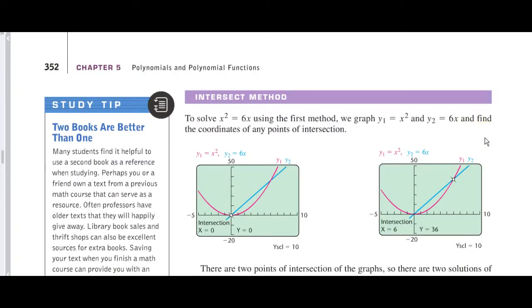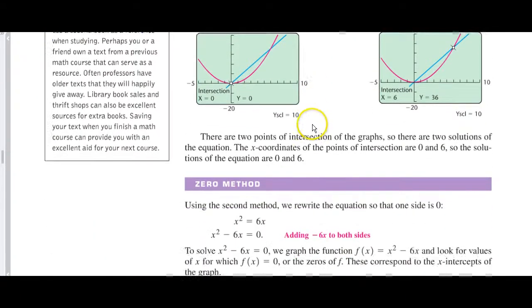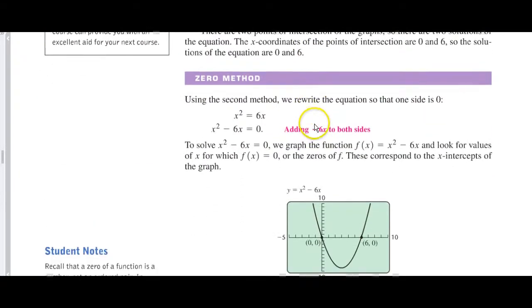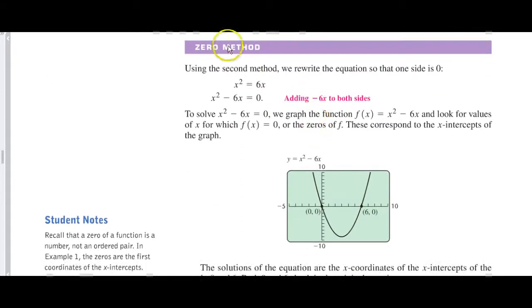Now, if we graph this, and we're not going to graph it because we're not using a graphing calculator, we're going to use what is called the zero method. So I'll go through this carefully and again take notes.